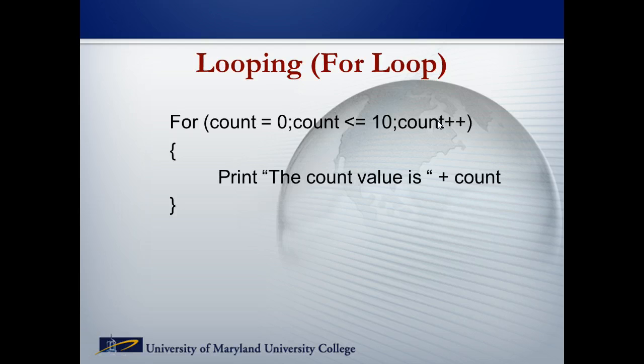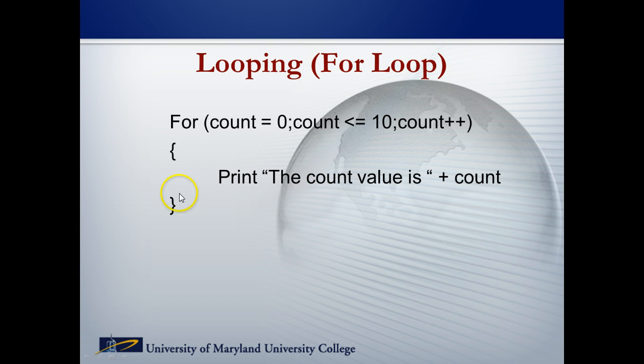Now pay attention to what happens with this, because as we enter this for loop, the value of count is going to be 0, and then it's going to execute the guts of the for loop. And again, the guts of the for loop could be 1 statement or it could be 100 statements. So on the first pass through the for loop, the value of count is 0.